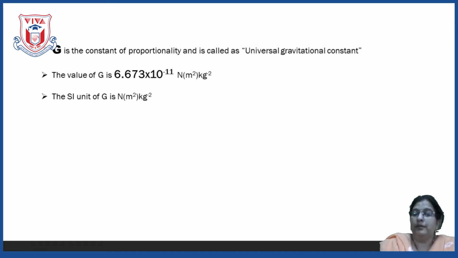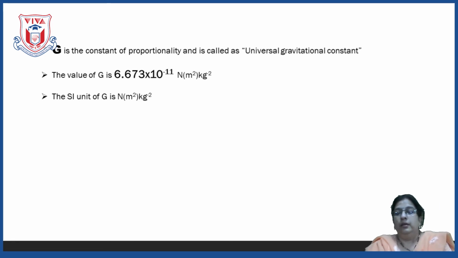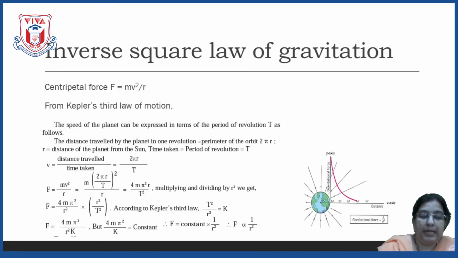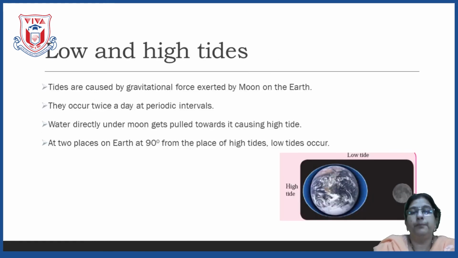So here was everything about the force which acts between two objects, the formula for the force, the value of the gravitational constant, and the unit of the gravitational constant, and all this was proved by the great scientist Sir Isaac Newton. Now, let's see what he proved further.